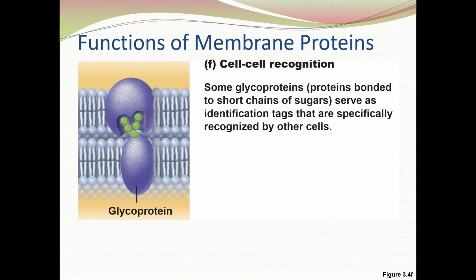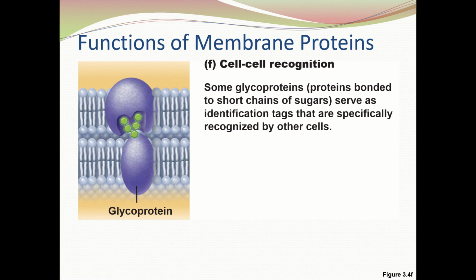As mentioned earlier, the glycocalyx is important in membrane communication, and your glycocalyx is unique to you. The cells in your immune system will be able to recognize the glycocalyx of your body as self, and that helps the immune system not attack your own body cells.